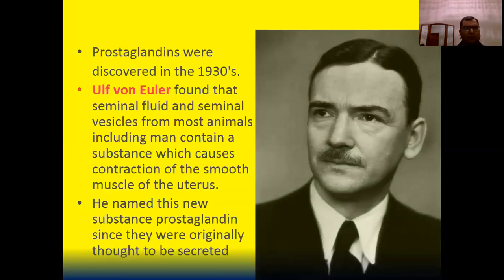Why is this substance named prostaglandin, and what was behind this? What was the cause that it was named prostaglandin? Prostaglandin was first discovered in 1930 when Wolfgang Euler found, and he felt that seminal fluid of the animals causes contraction of the uterus.